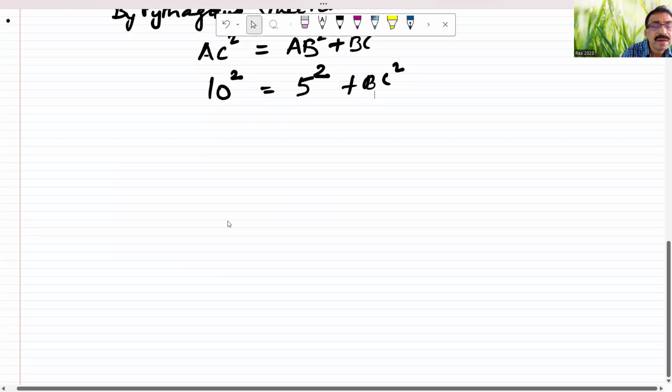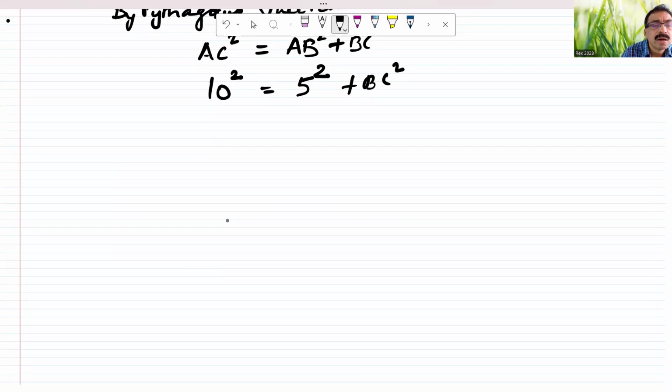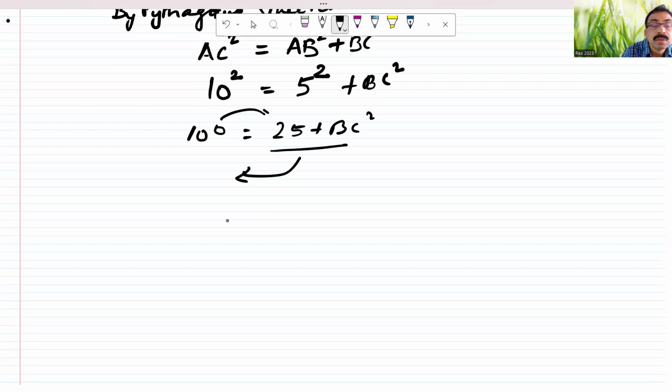which when simplified gives us 100. That is, 10 squared is 100. So 100 is equal to 25 plus BC squared. Writing this side and that side, it's 25 plus BC squared is equal to 100.